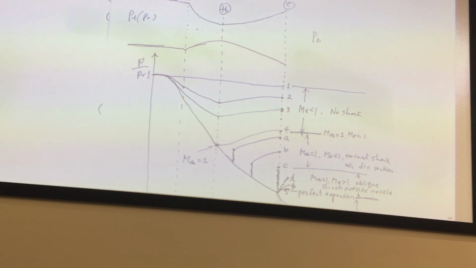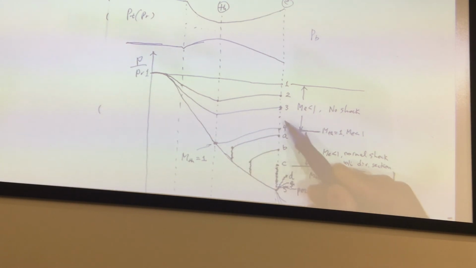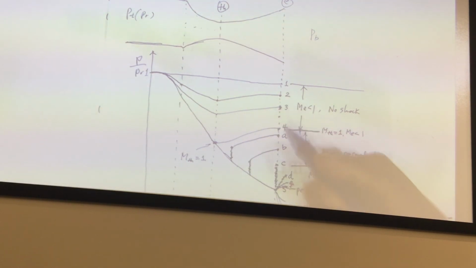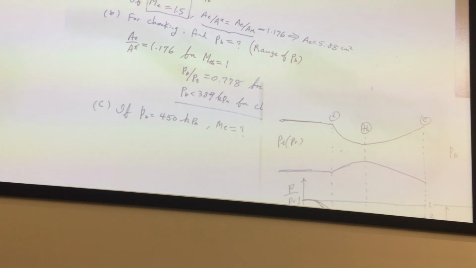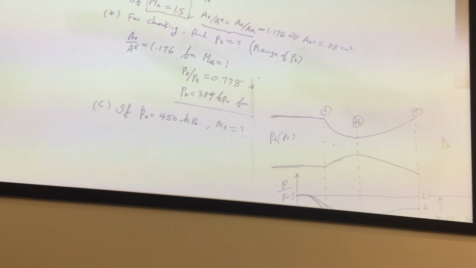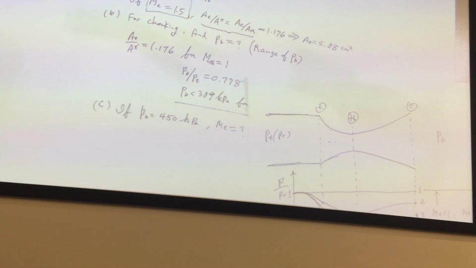But if you decrease it to 400 kilopascal, the flow will further adjust. It requires 389 kilopascal and below for you to reach sonic condition. And once you reach the sonic condition, the flow will not know what's going on downstream of it. So the back pressure of 389 in this example is not a magic number, right?